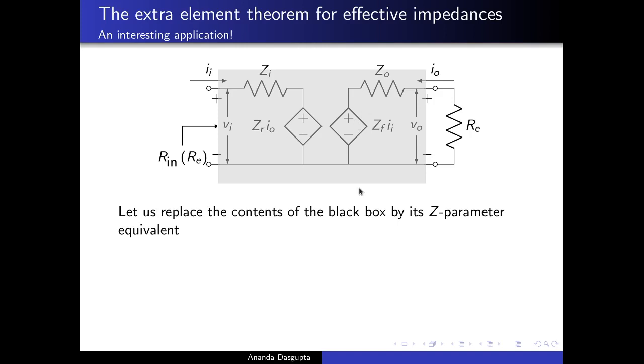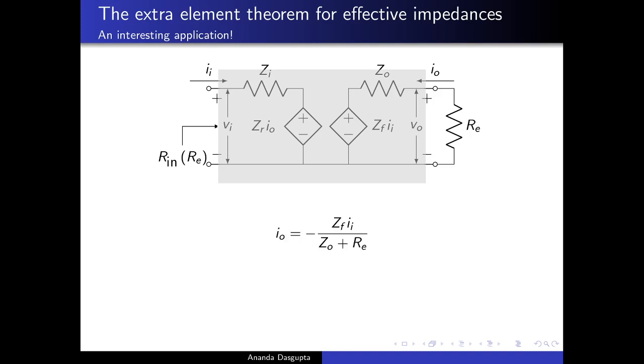So how much is the output current Io? Well, simple, it is just the voltage Zf Ii divided by Zo plus Re, the resistance. And this is of course what makes replacement of the equations that we wrote down from Taylor series by equivalent circuits so important.